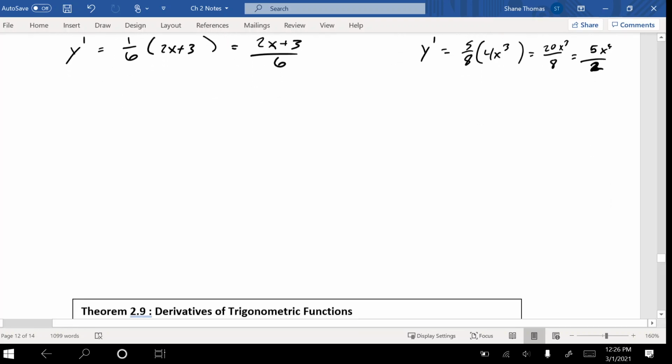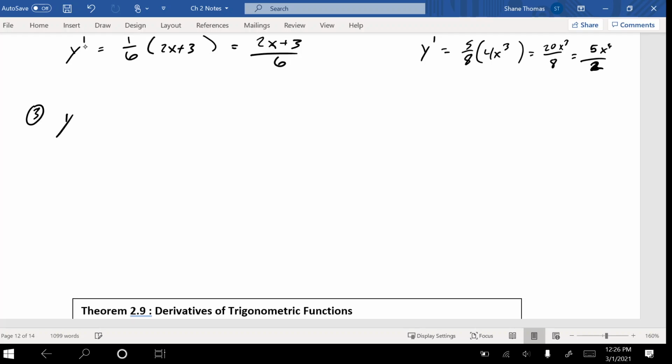Okay. Let's look at a couple more here like this. Number 3. I'll do the first one. You guys can do the second one. They'll be similar, not exact.